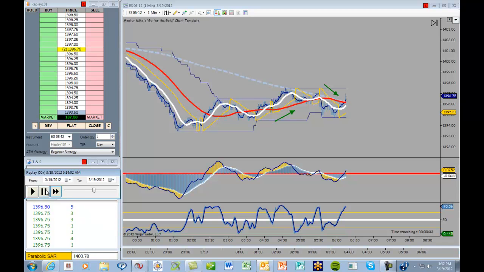Okay. This looks good, except check out where our stochastic is. It's about as overbought as it can get. Let's see if we can get it to come down a bit and turn around and then get long.